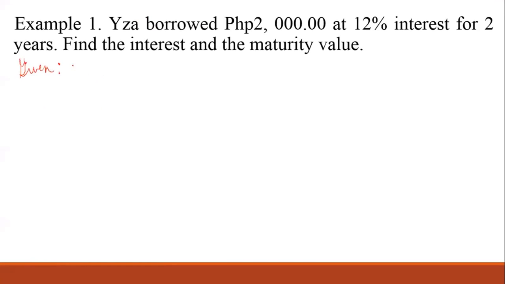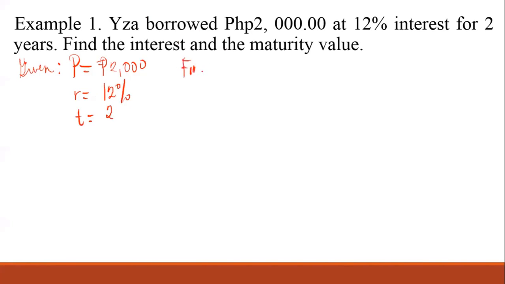Given na yung principal na hiniram ni Isa, which is 2,000 pesos, with the 12% interest. So yan yung rate natin. Gaano katagal yung pagbabayad niya ng 12%? 2 years. So for 2 years, magbabayad si Isa ng 12% interest dun sa principal, which is 2,000.